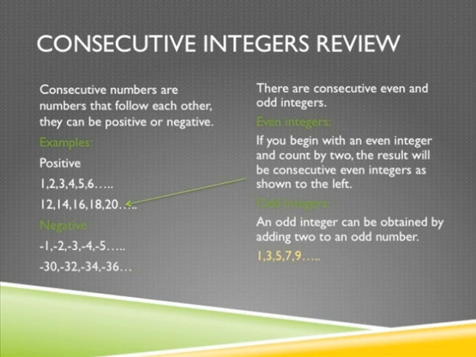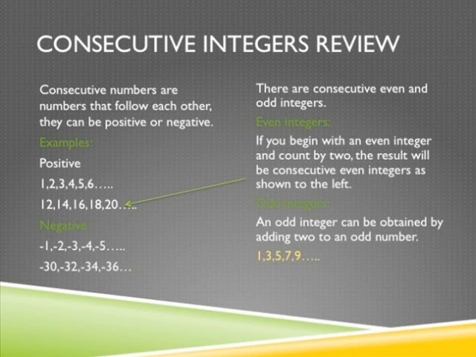Positive integers are consecutive integers like 1, 2, 3, 4, 5, 6, and so on. Positive even integers are numbers like 12, 14, 16, 18, and 20.